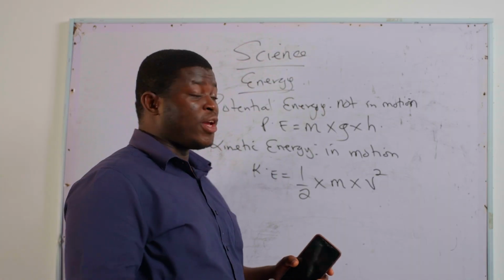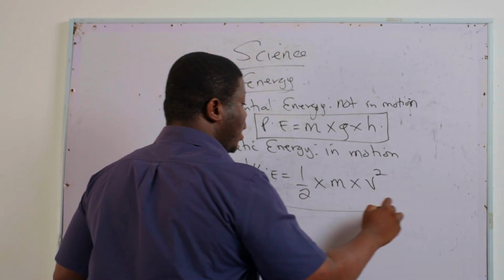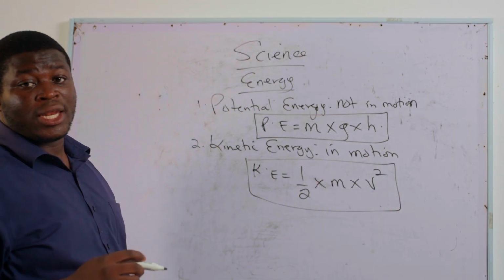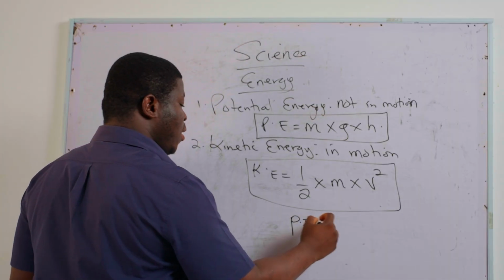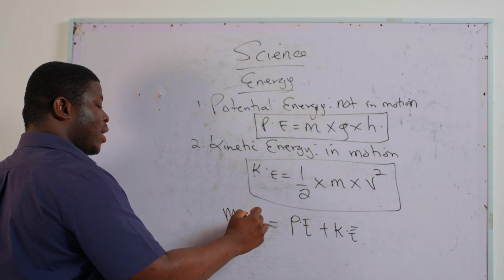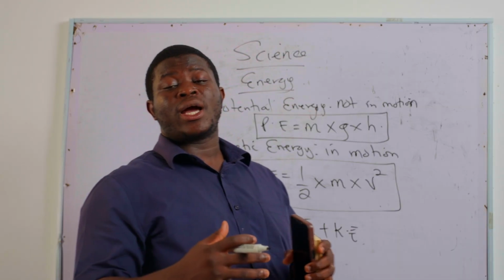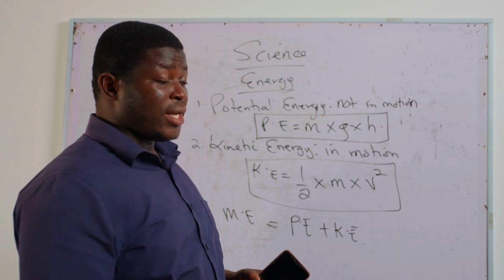These are the two main formulas you should always have in mind. A sum of these two energies, the potential energy plus the kinetic energy, gives us what we call the mechanical energy.